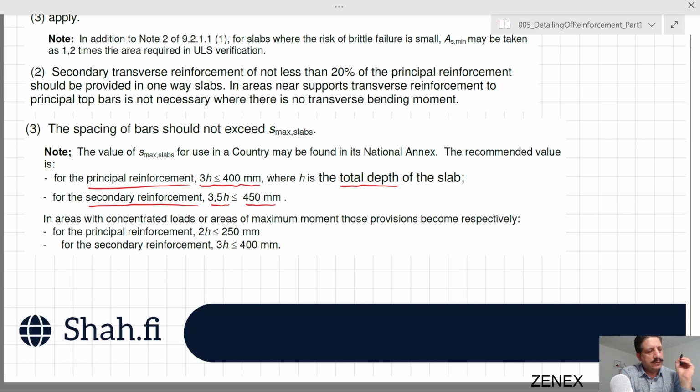In areas with concentrated loads or areas of maximum moment, those provisions become respectively 2h and 250 mm, and 3h and 400 mm. So if you have a maximum moment, then you need to decrease this S-max.